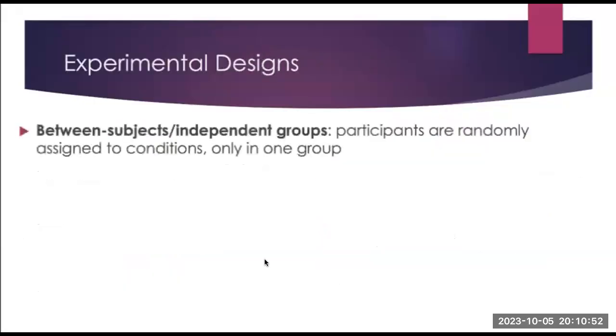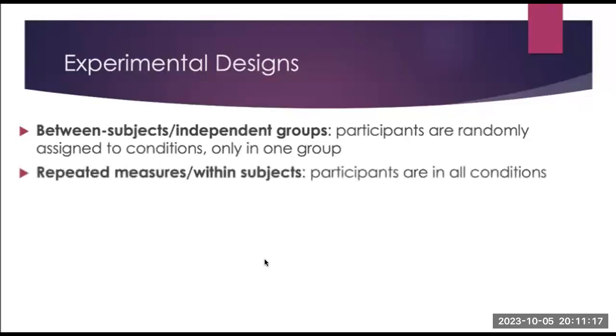All right. So when we do pre-test, post-test, oftentimes we'll talk about that as a repeated measures design. If it's post-test only, we're looking at that as what we call between subjects or independent groups. So in a post-test only design, participants are randomly assigned to conditions. They're only in one group. They're only in that experimental group.